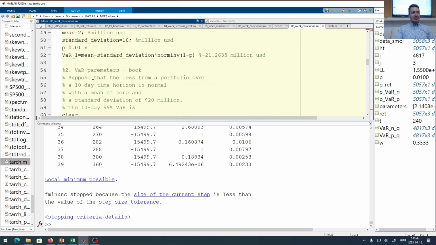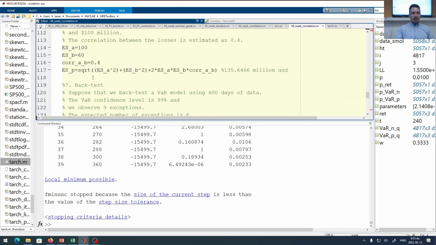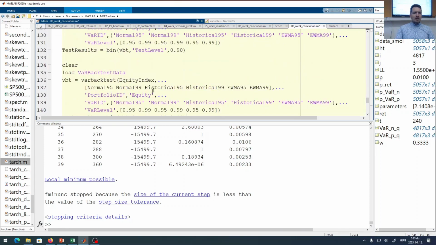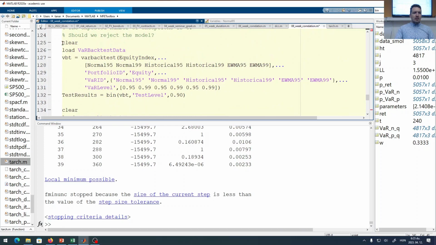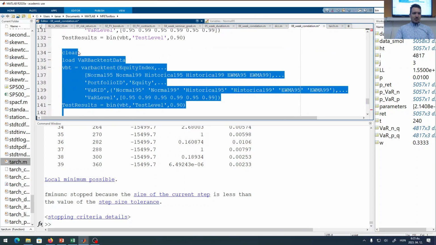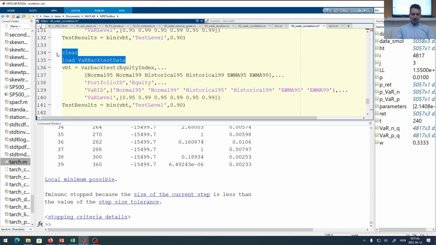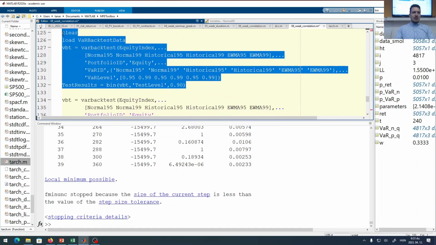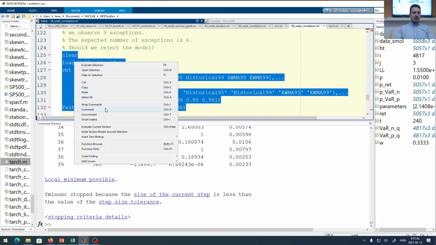Okay, now we have the historical simulation. And here, this is not clear anymore, so let's remove this one. Let's put it into a comment.